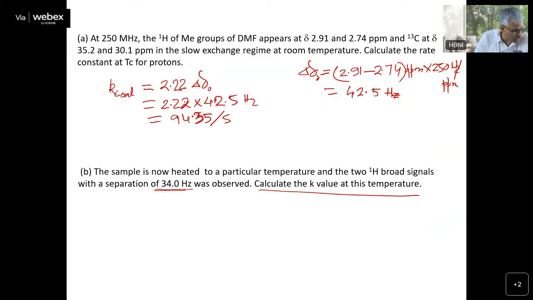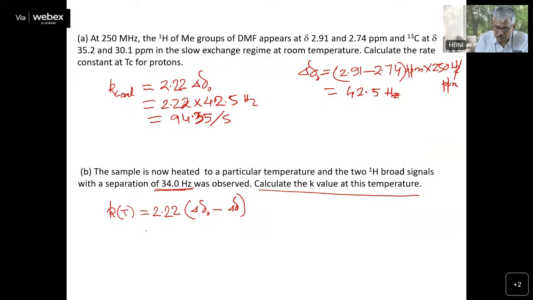So you have to use a general formula for the rate constant at any temperature, and that is K at any temperature T is equal to 2.22 into del delta 0 minus del delta. So del delta 0 is the chemical shift difference at the slow exchange regime, and del delta I have already given.